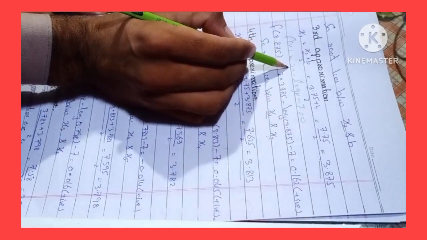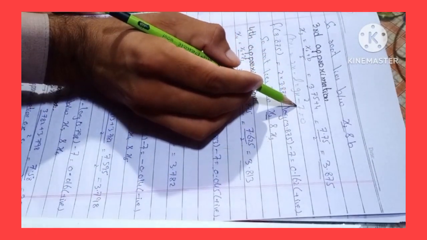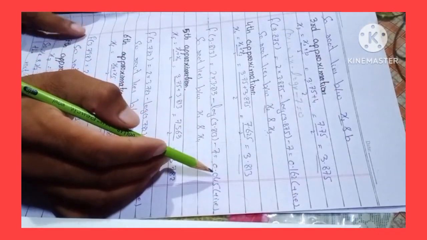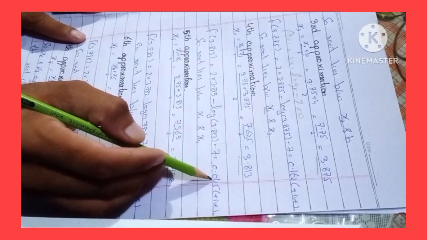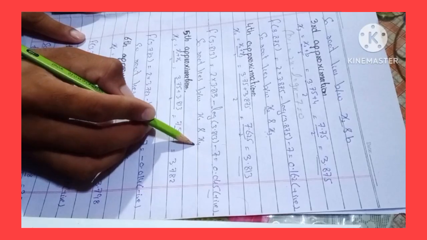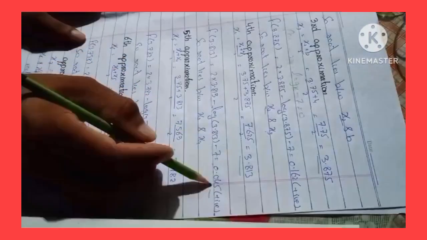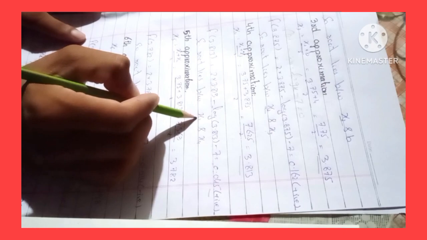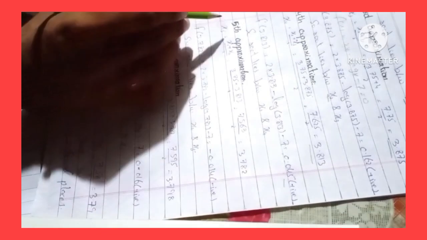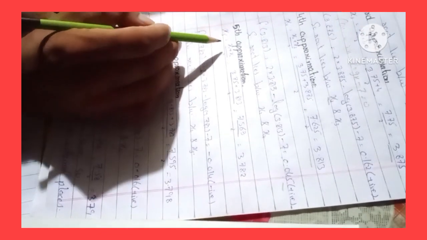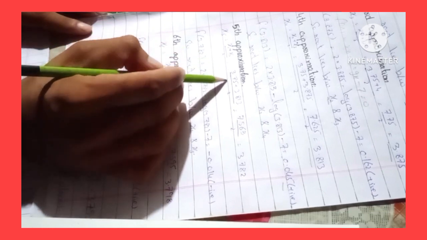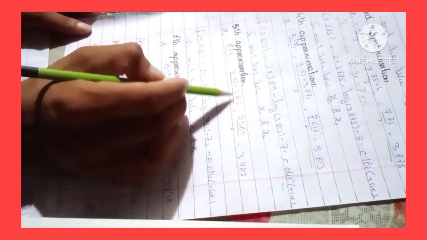Putting these values into the equation f(x) = 2x minus log x minus 7, we solve it. Its answer is positive, 0.045. So the root lies between x2 and x4, because x4 is positive and x2 is negative. The fifth approximation is (x2 plus x4) divided by 2, and then solving it.